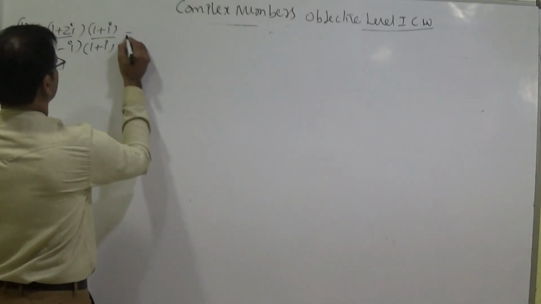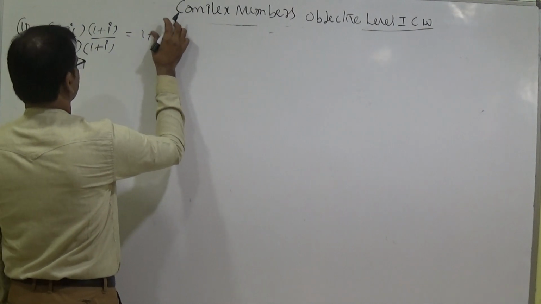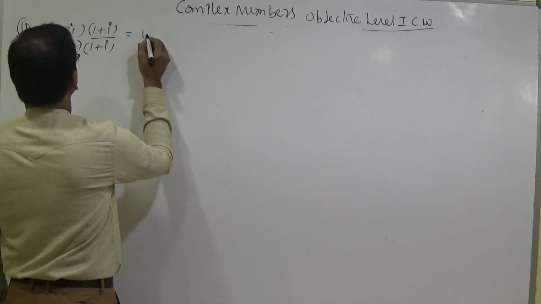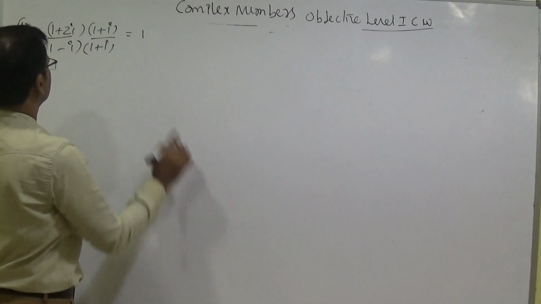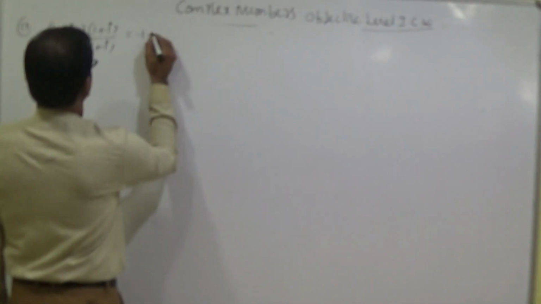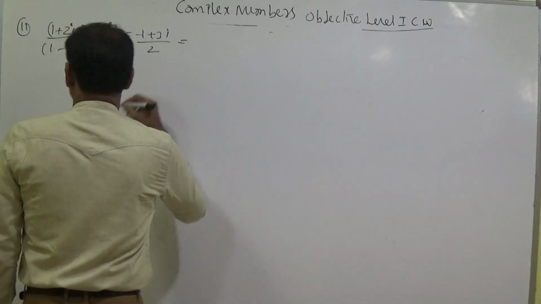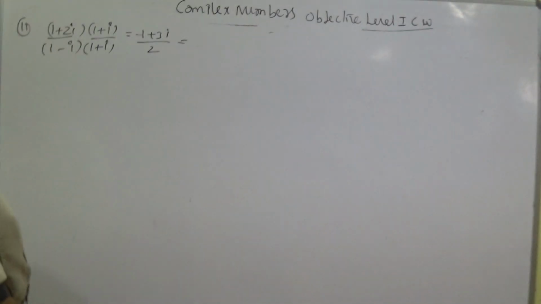Rationalize with 1 plus I here. 1 plus 2I into 1 plus I by 1 minus I into 1 plus I. Multiply here. 1 plus 2I plus I becomes 3I. So 1 plus 3I plus 2I square, minus 1. So write here minus 1 plus 3I by this is 2. Minus 1 plus 3I by 2.